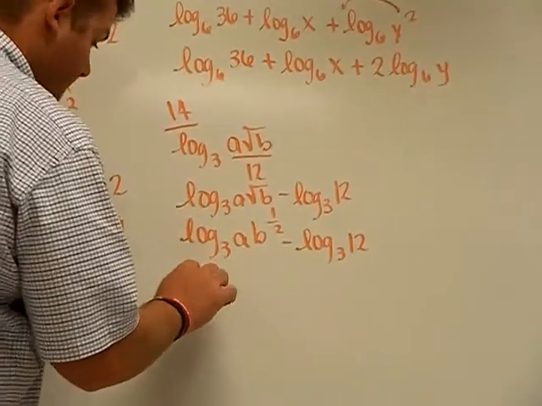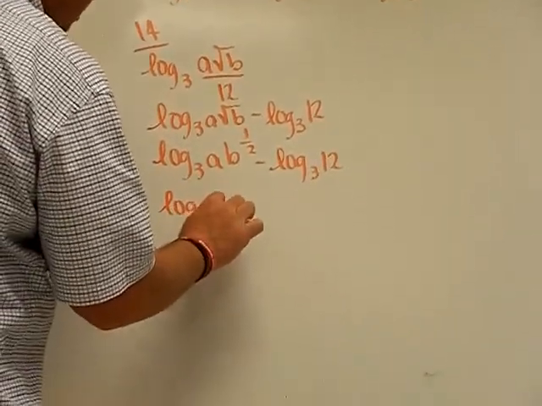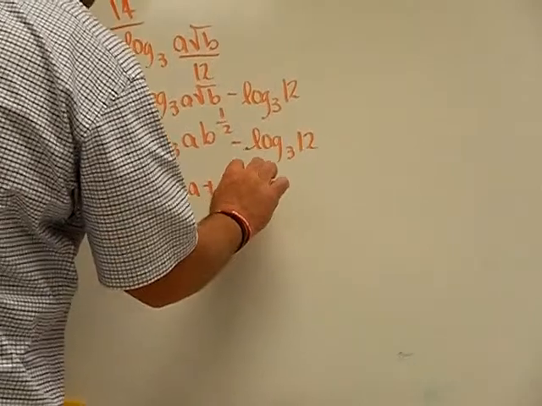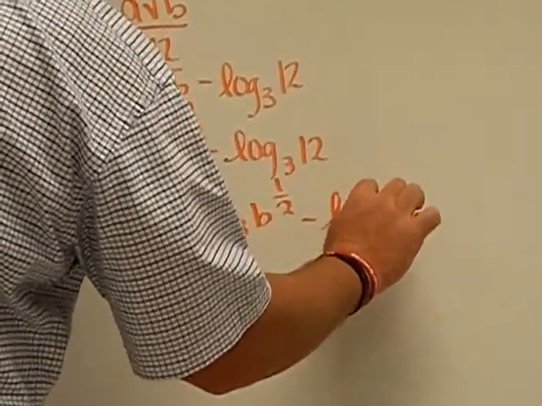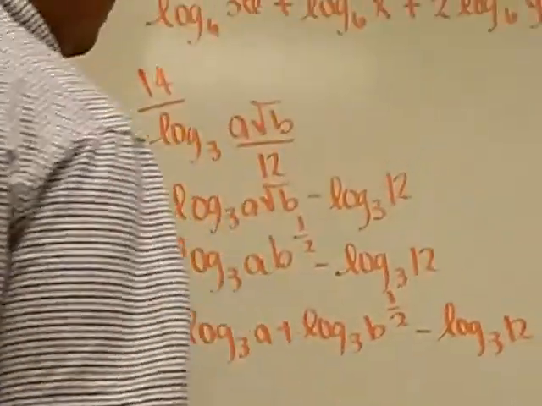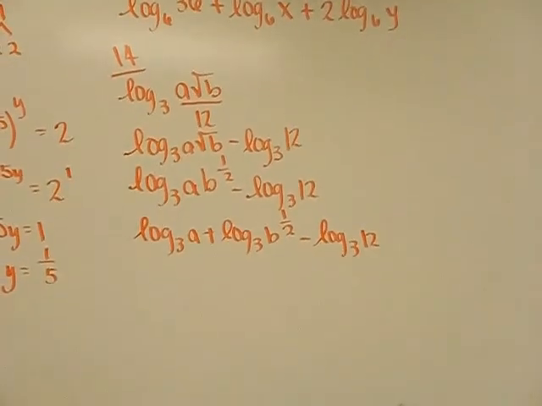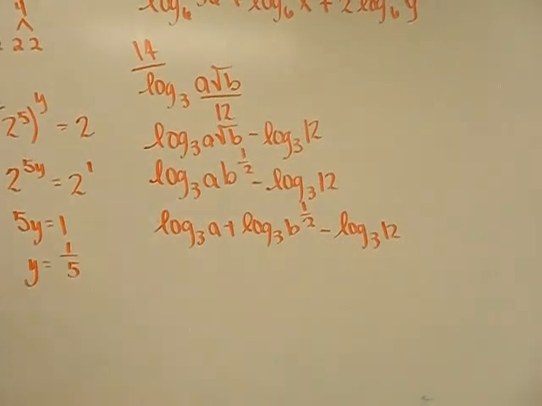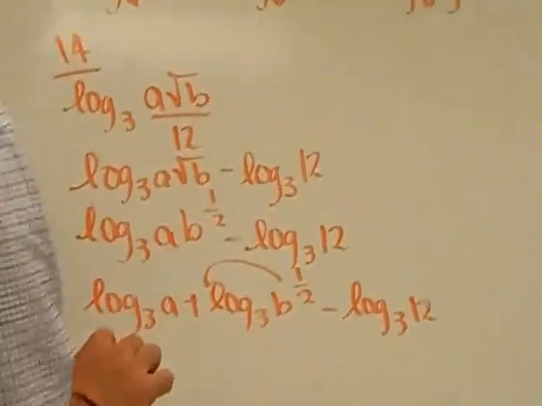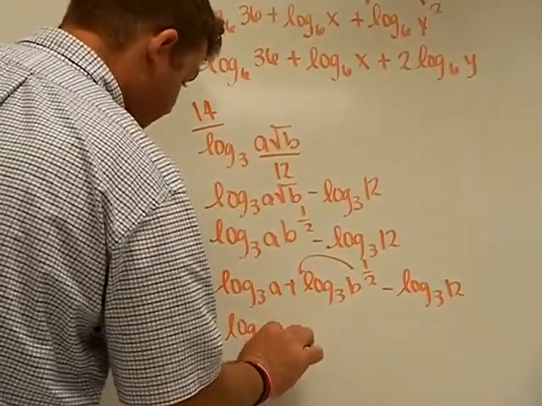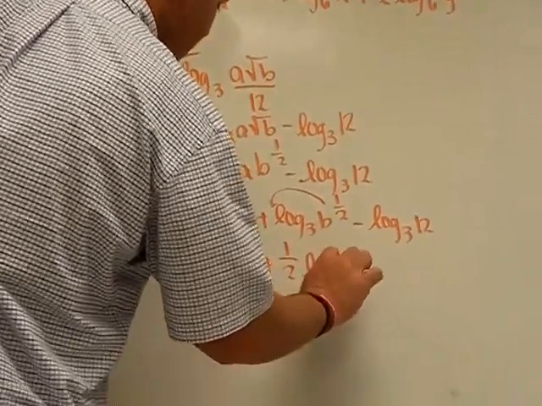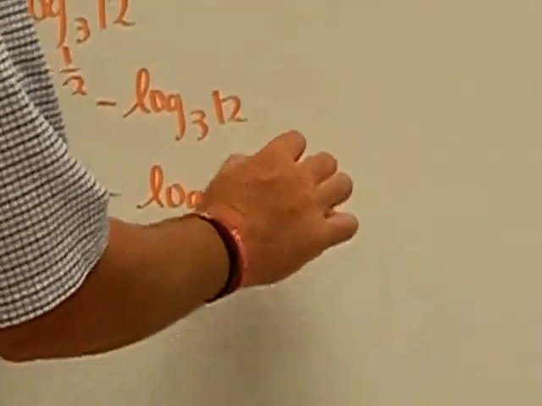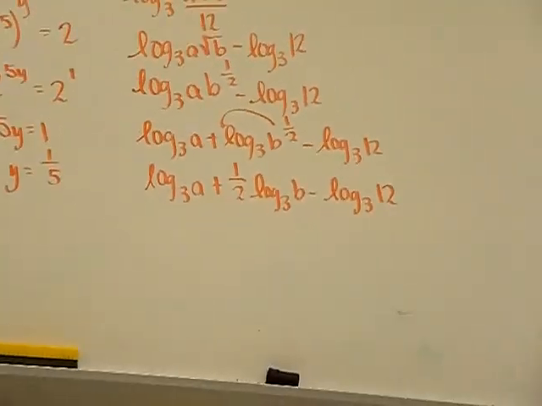So you have log base 3 of a plus log base 3 of b to the 1/2 minus log base 3 of 12. What's the only thing left to do? Move the 1/2 in front. So we have log base 3 of a plus 1/2 log base 3 of b minus log base 3 of 12. Now we're done with 14.